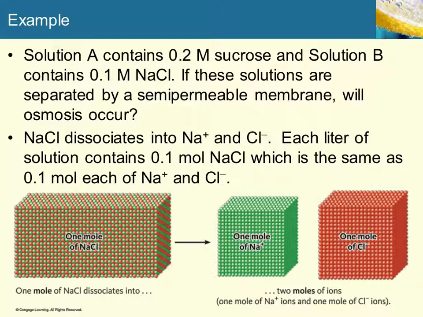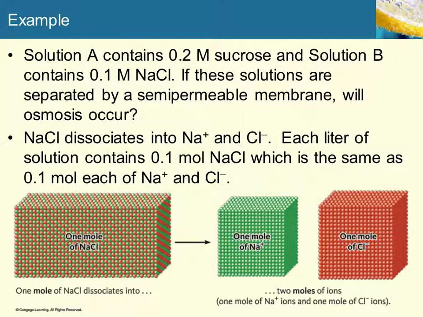So solution A contains 0.2 molar sucrose. Solution B contains 0.1 molar sodium chloride. If these solutions are separated by a semi-permeable membrane, will osmosis occur? Well, as I just said, the sodium chloride will dissociate into Na+ and Cl-.